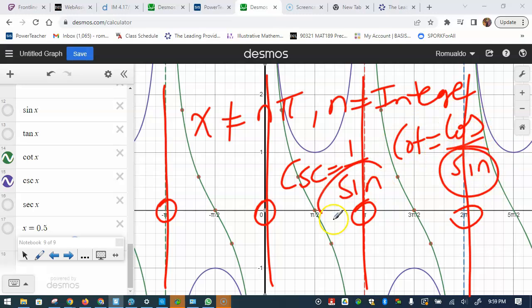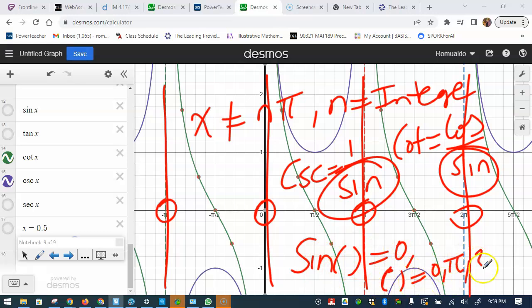So both have sine here, and they are undefined when the denominator becomes 0, which for sine is when the angle is 0, pi, 2 pi, 3 pi, and so on.